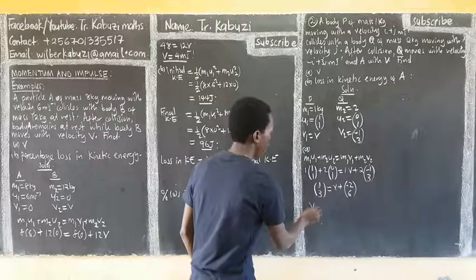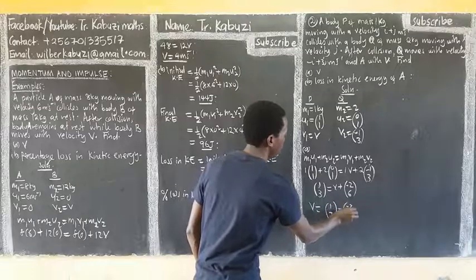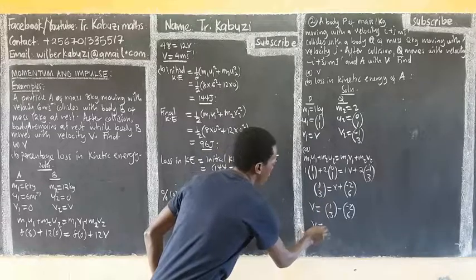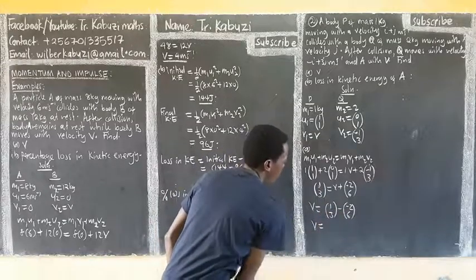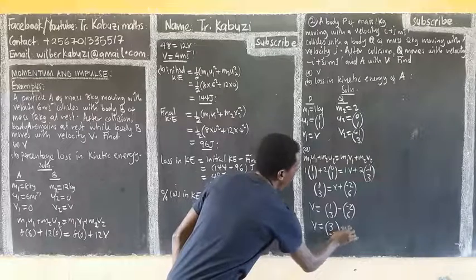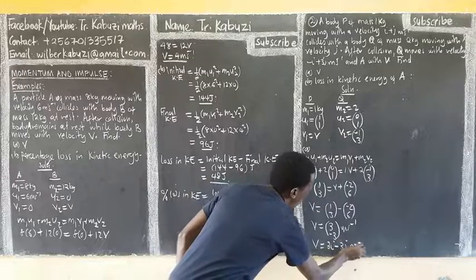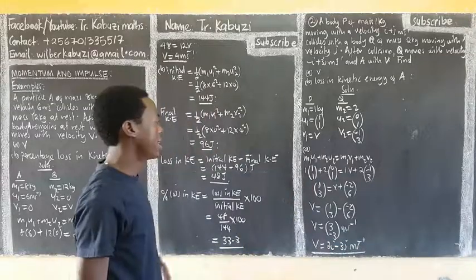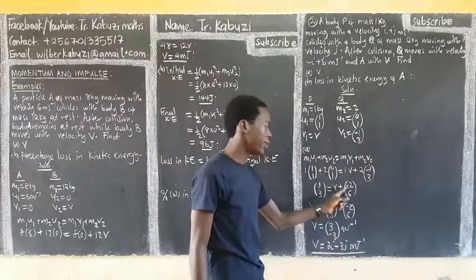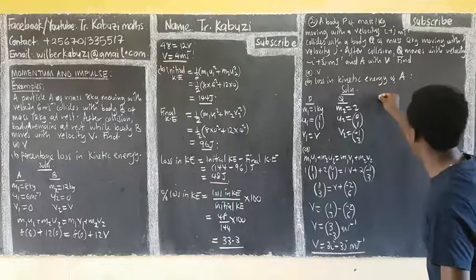Bringing it to this side, v is (1, 3) minus (-2, 6). So v becomes (3, -3), so v is 3i minus 3j meters per second. Note that when we bring it to this side, only this sign changes, not these ones, so be careful there.